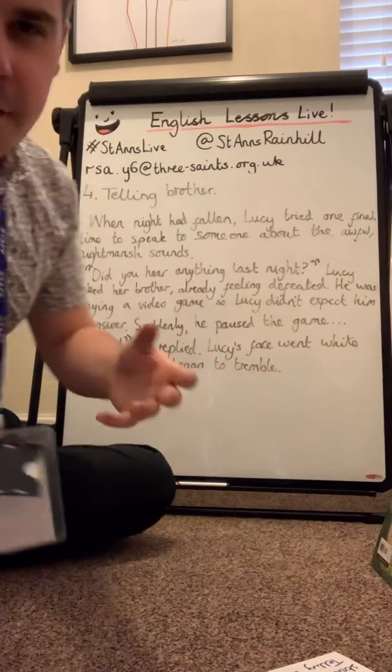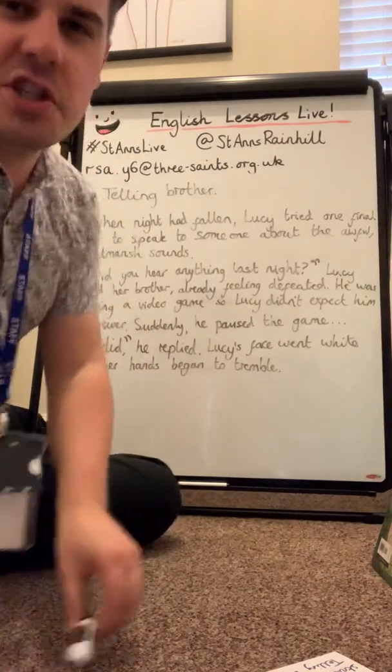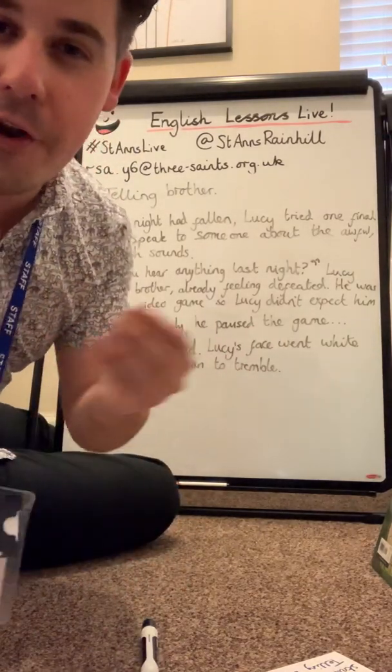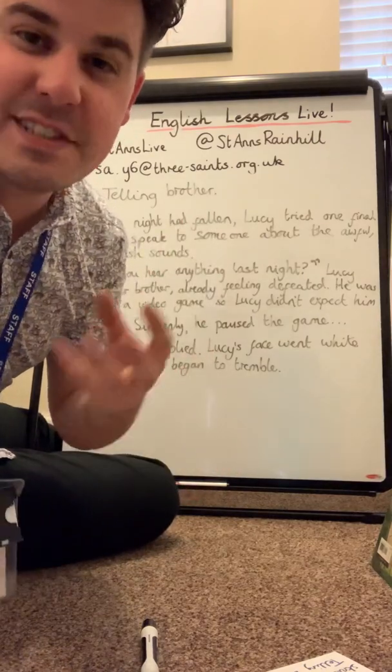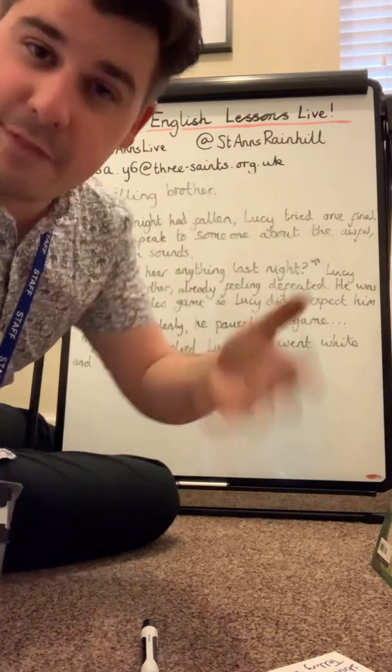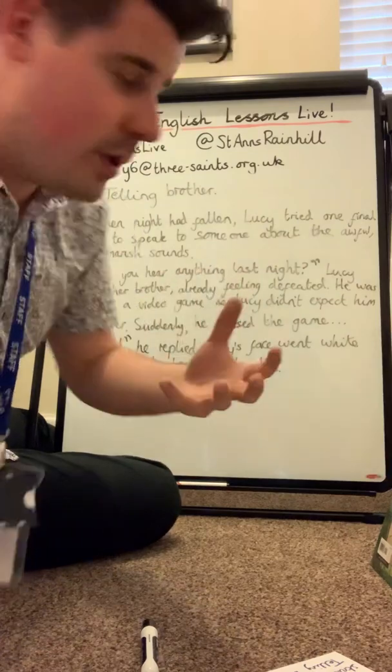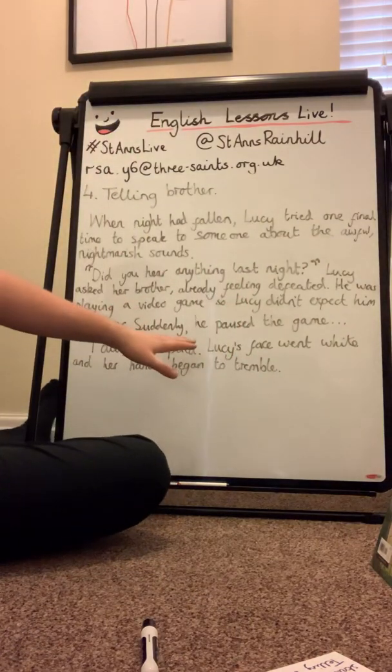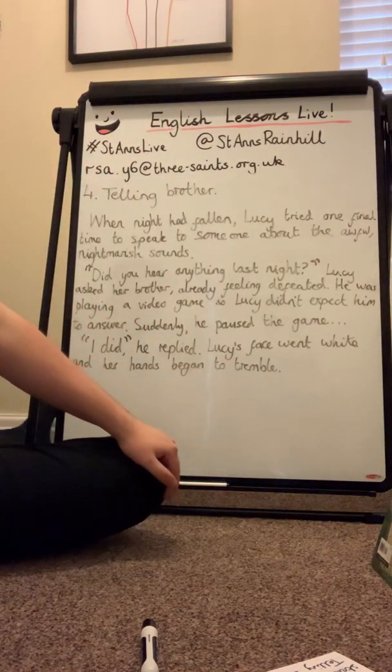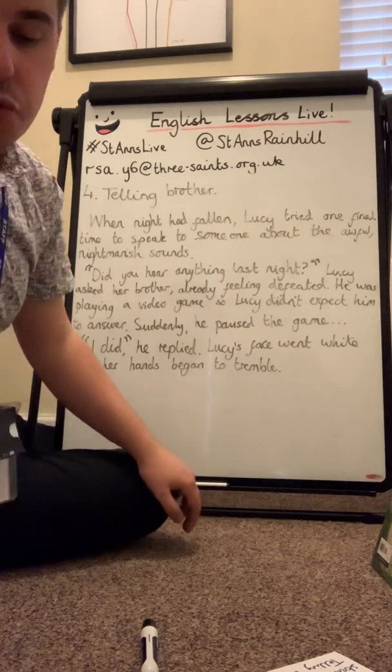There we go. I've just added a sentence there to show, not tell, scared emotions. So rather than saying Lucy felt scared, I'm just showing you instead. Suddenly, he paused the game. I did, he replied. Lucy's face went white and her hands began to tremble.